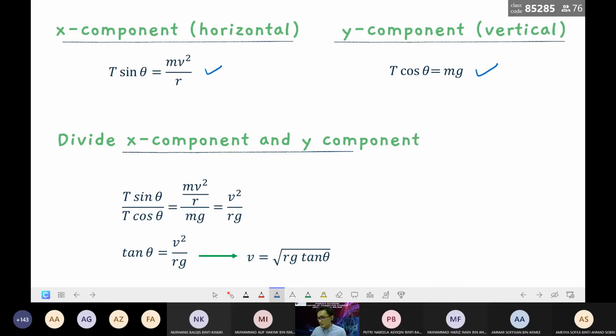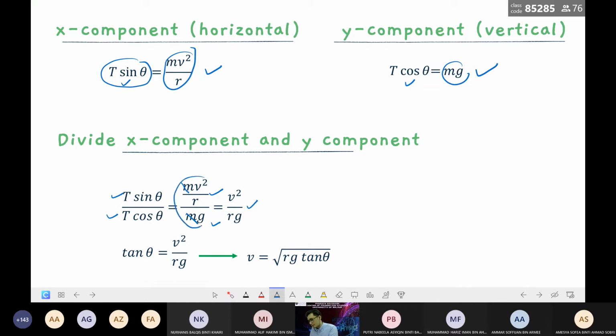So we have to divide the X component by the Y component. On the left hand side we have T sin theta over T cos theta, and then mv square over r divided by mg. Then we cut the value of m, and r we bring to the bottom, we get v square over rg.